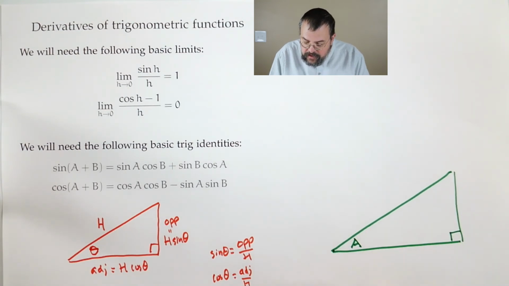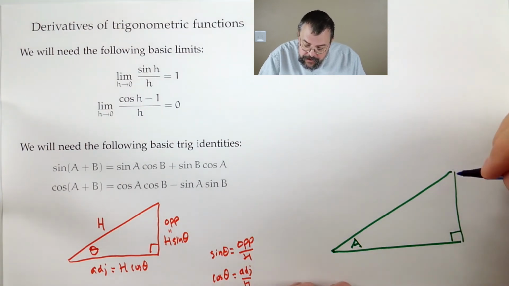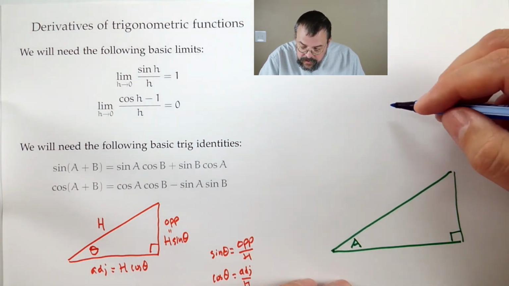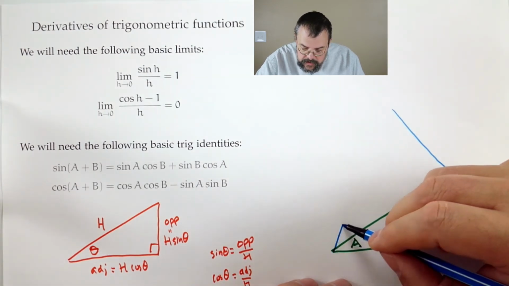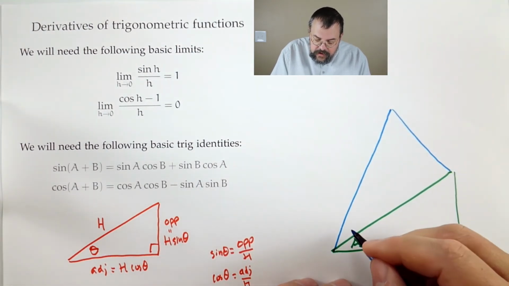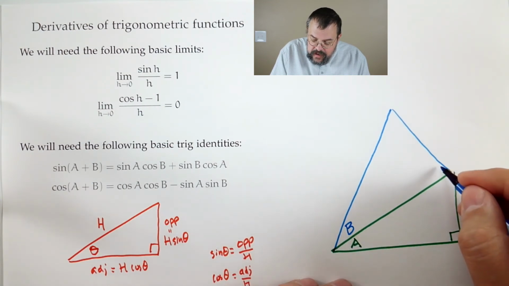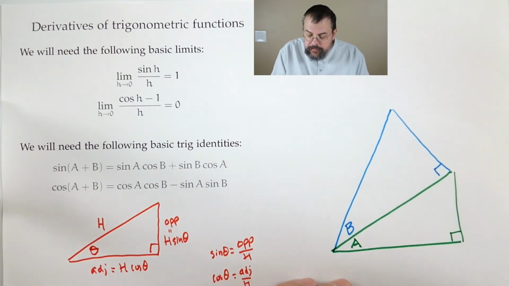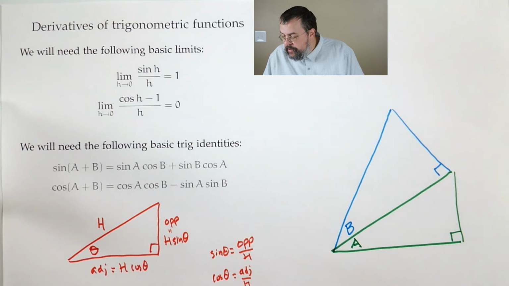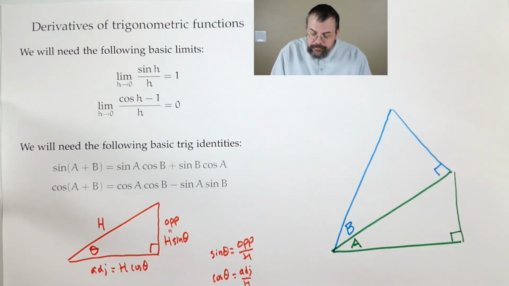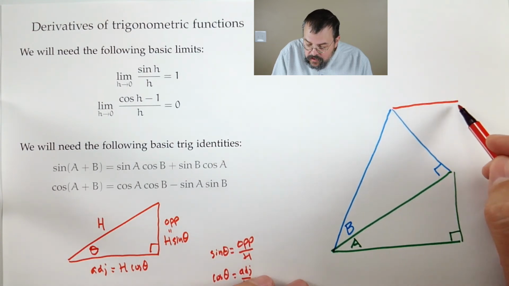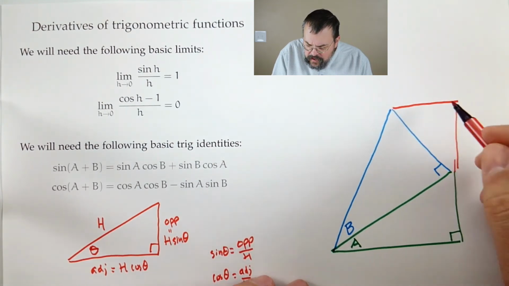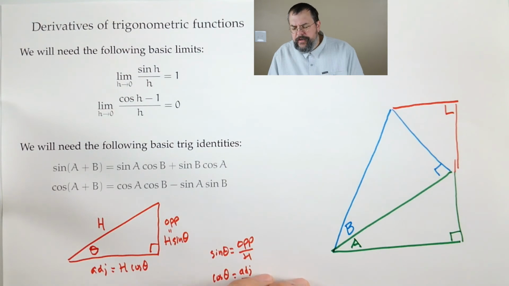Now we're going to draw another right triangle, and this angle here is B. It's not A, it's B. And throw in one more triangle here, and this is also a right triangle.